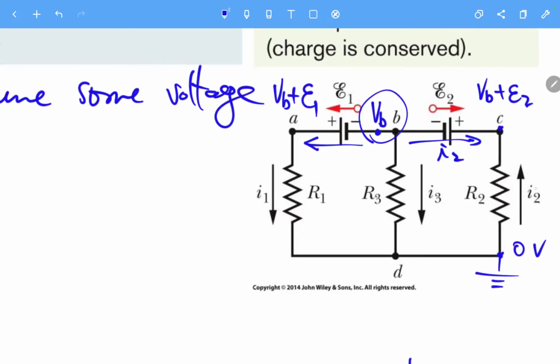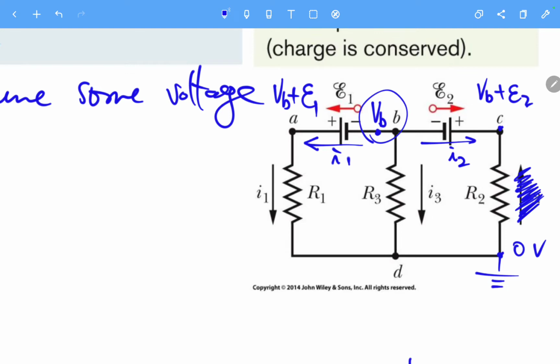Maybe you can just ignore this one, because you can feel like this is entering, this is going out. So if you still use I2 as in the figure, then you should have I1 plus I3 equals I2. But I don't really like it. My habit is that I just define all the current going out or all the current going in.